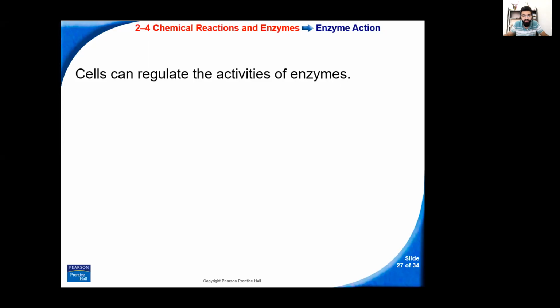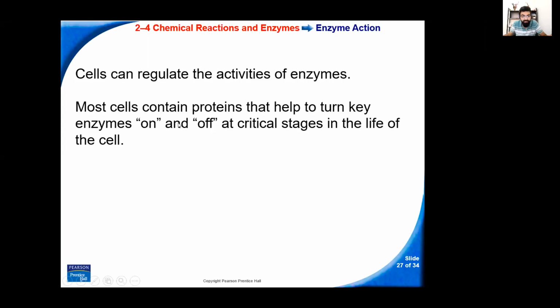So at this time, it switches off the enzymes used for synthesis of polysaccharides and switches on the enzymes used to break down the polysaccharides. You got the point? Easy thing.